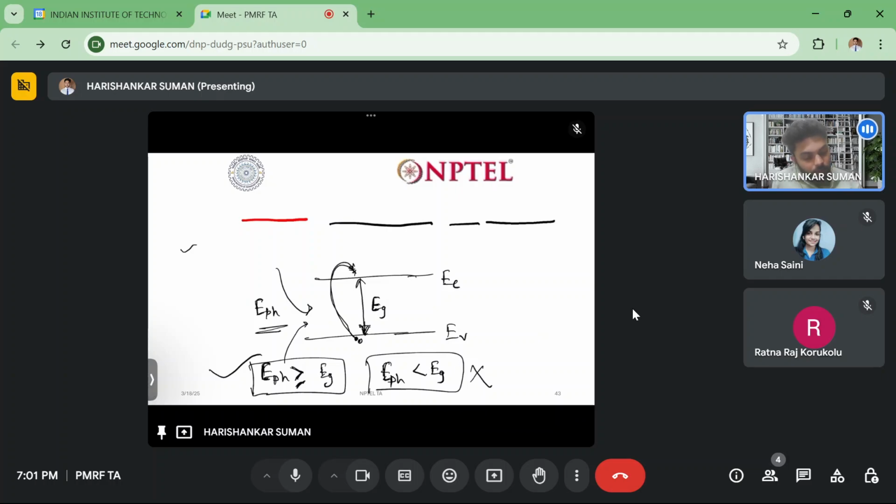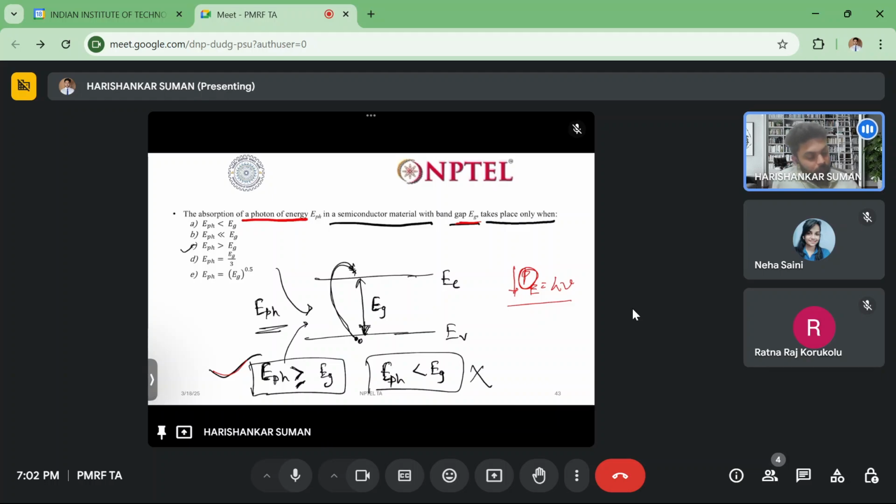The absorption of photon energy by a semiconductor material with a given band gap takes place only when the process happens with an incident photon energy h nu greater than or equal to the band gap.